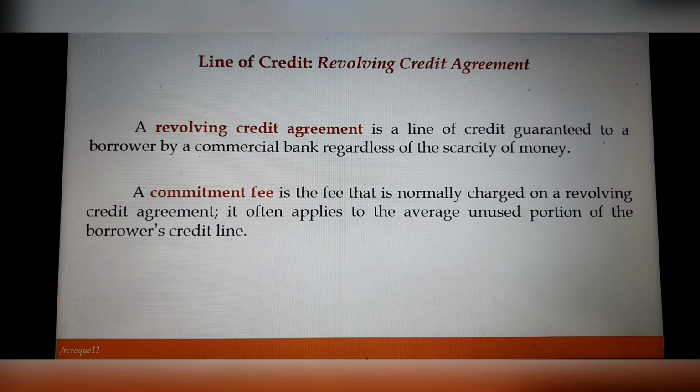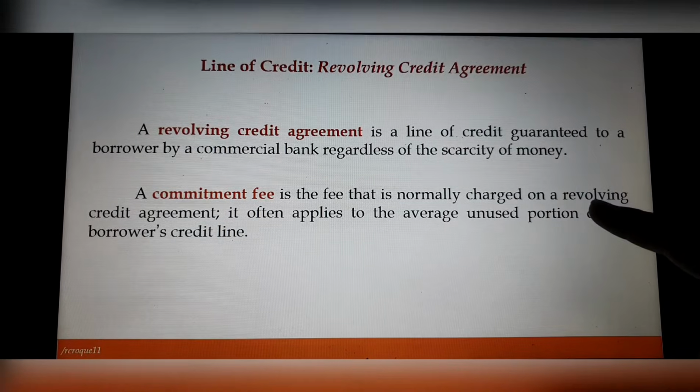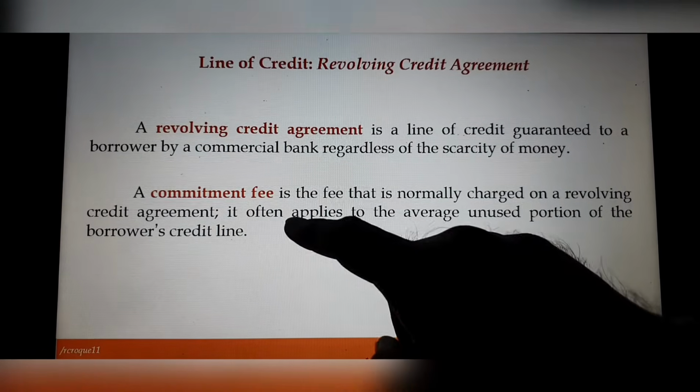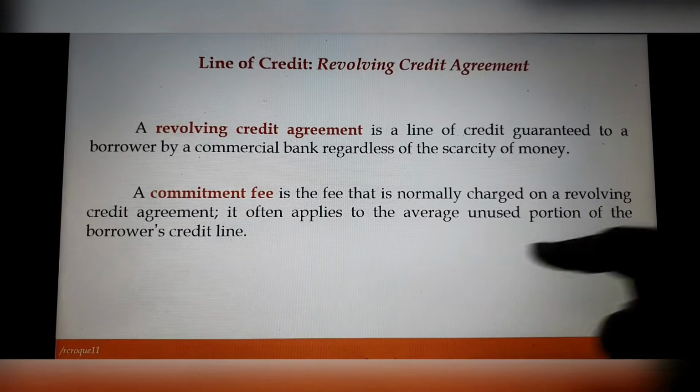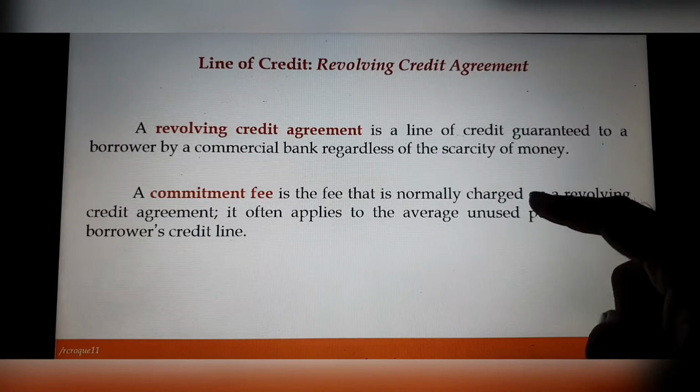So dahil meron tayong usapan or agreement na talagang i-guarantee ko that you can borrow the money regardless of the scarcity, you have to pay me or you have to pay the bank a commitment fee. So ano yung commitment fee? That is normally charged on a revolving credit agreement. It only applies sa average unused portion of the borrower's credit line.